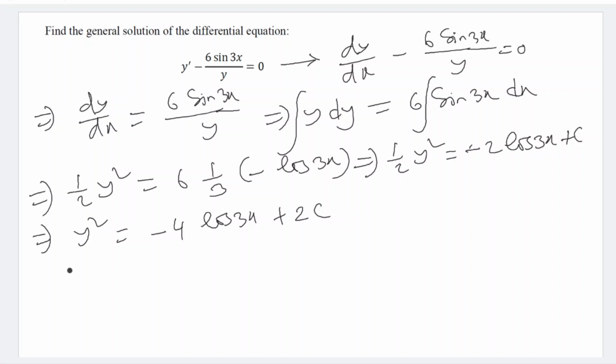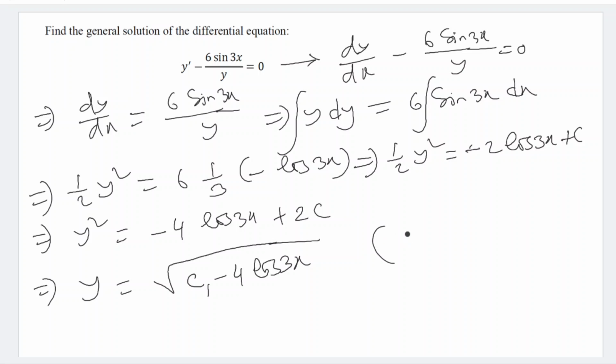Now we can say y equals square root of c1 minus 4 cos 3x. Here I wrote c1 to mean 2c. C is arbitrary, so this is the answer.